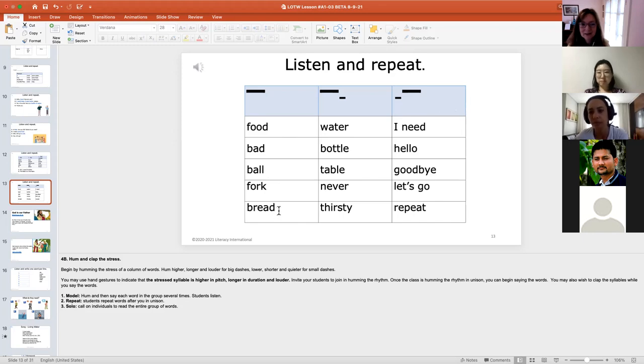So if we have the word bread, many people want to pronounce it as bre-ad with 2 syllables. Or even for the word food, they'll pronounce it fo-ode with 2 syllables. And so we're showing them by these little symbols here how many syllables are in the word and which syllable is stressed.